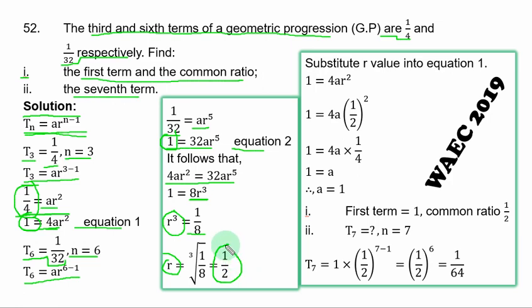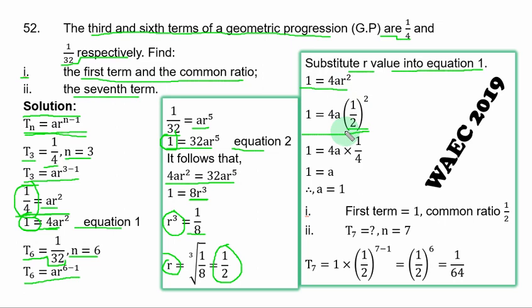To get the first term a, you have to substitute the r value into any of the equations. I'm using equation 1. This is equation 1. You replace r by 1/2, and the power of r, 2, affects it.